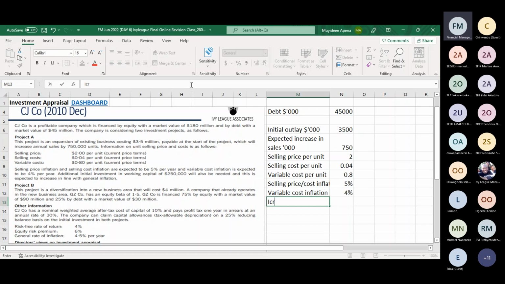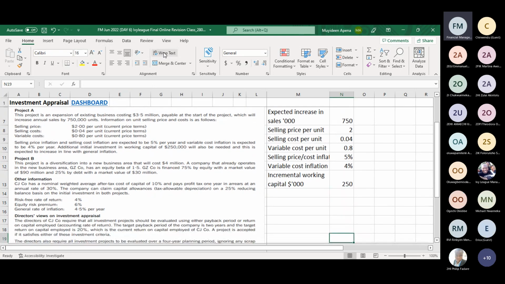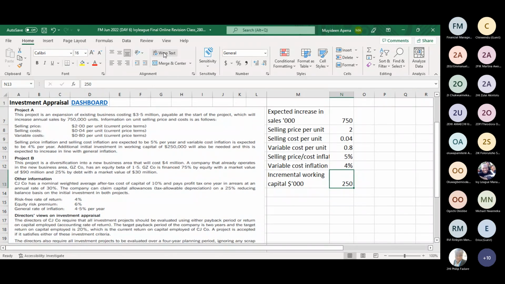Incremental working capital, $450,000. So I'm noting it as this. We're working in thousands. Now we have information about project B, but like I said, our focus here is on project A.